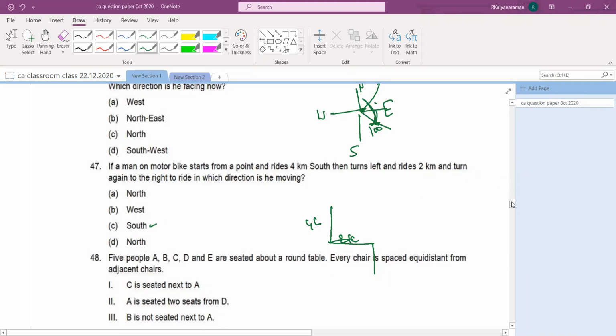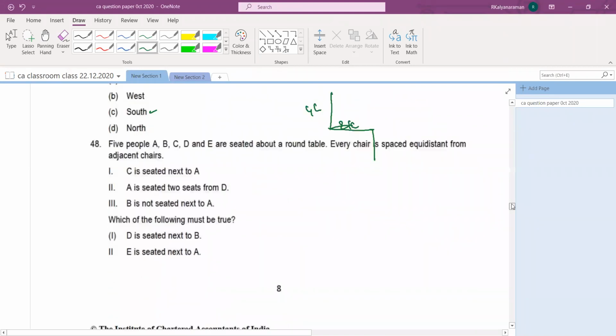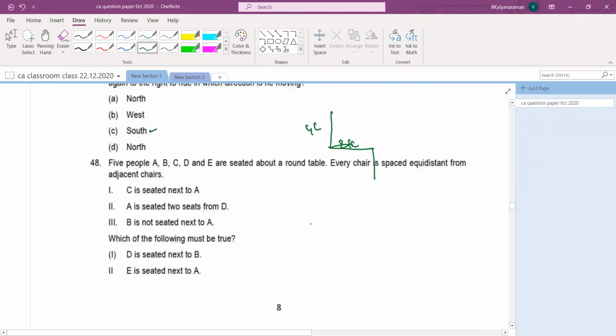5 people A, B, C, D, E are seated about a round table. Every chair is spaced equidistant from adjacent chairs. So we have a round table. C is seated next to A. So if I have D here, either A is here, this is one option, or D is here and A is here, this is the other option.